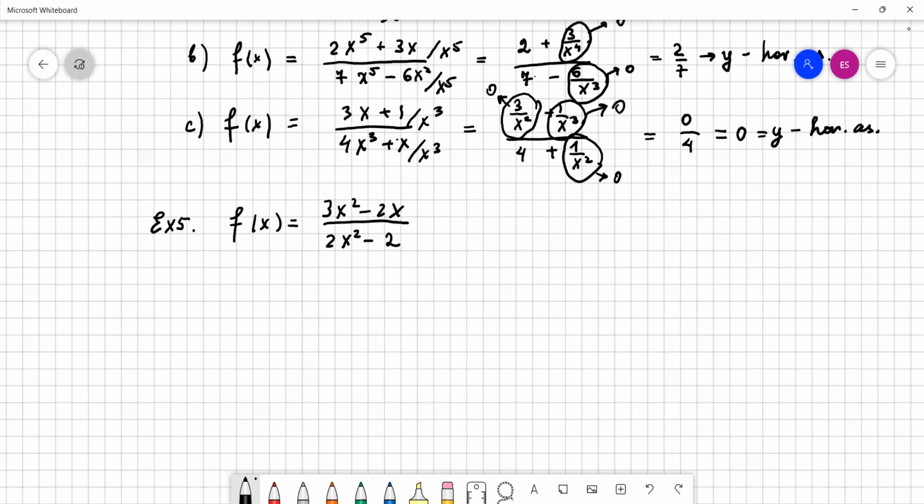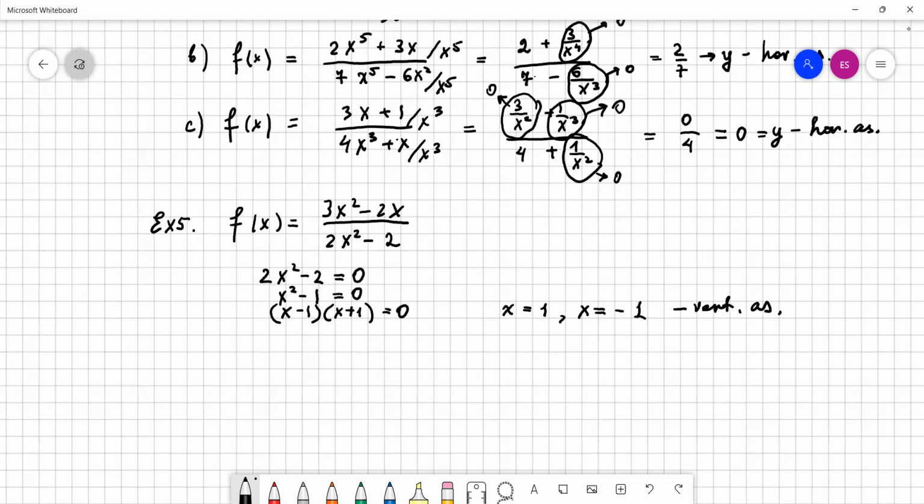So we're going to start with the vertical asymptote. Remember, for the vertical asymptote, we'll need to set the denominator to 0, and we are going to have 2x squared minus 2 equals 0. It's going to give us x squared minus 1 if we divide both sides by 2, equals 0, or x minus 1 times x plus 1 equals 0. So we have x equals 1 solution and x equals minus 1 solution, vertical asymptotes.